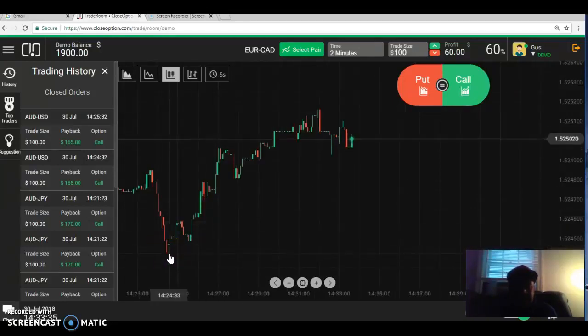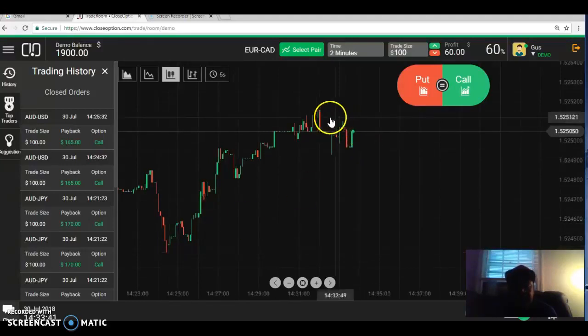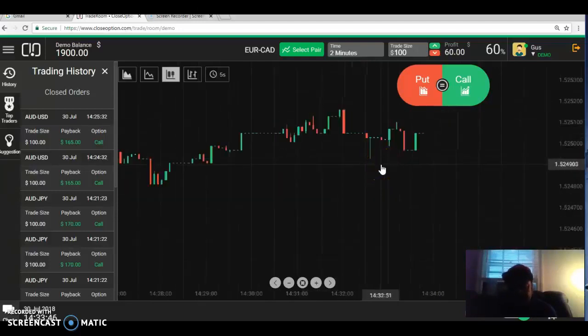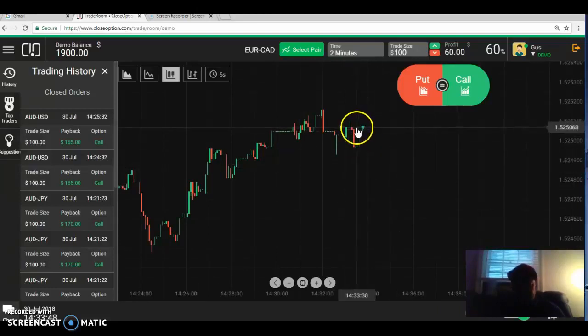This right here would be the lower level of support. This would be a level of resistance up here. And basically, I'm looking for the currency to hit these levels of support and resistance. And what I do is I'll do a trade in the opposite direction because I think the trade will be headed in the opposite direction.